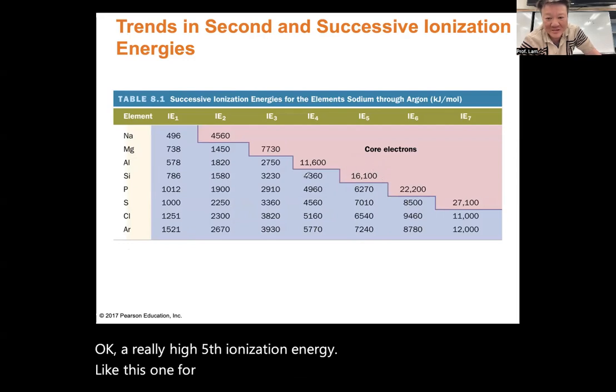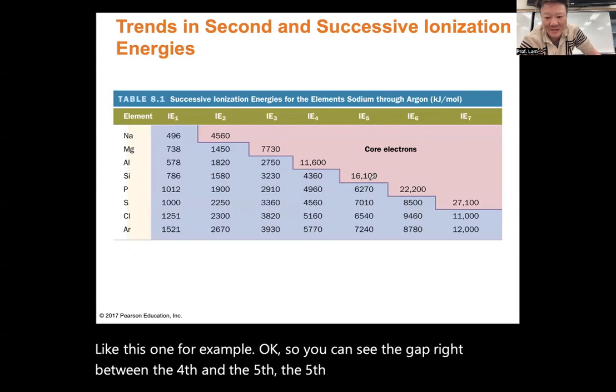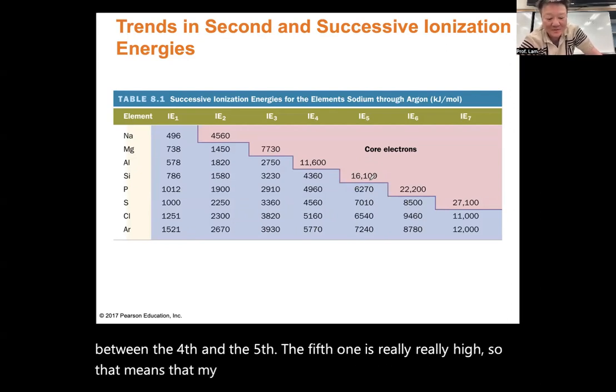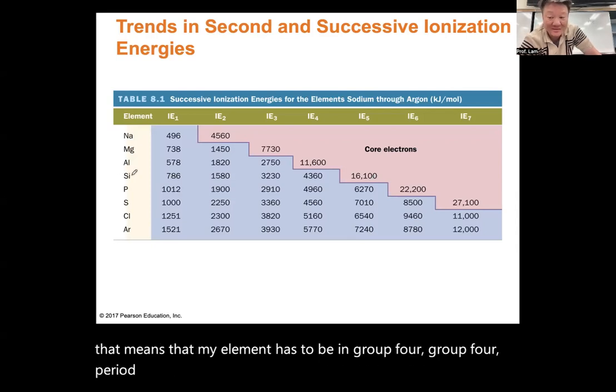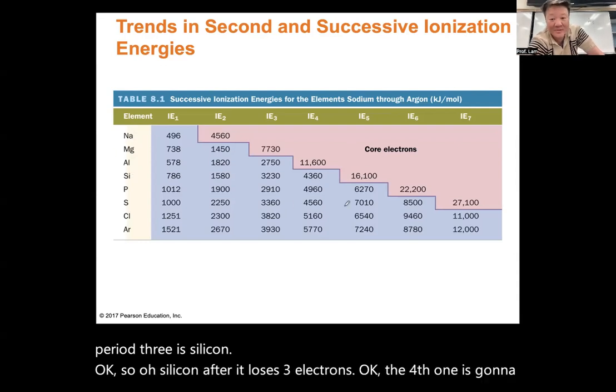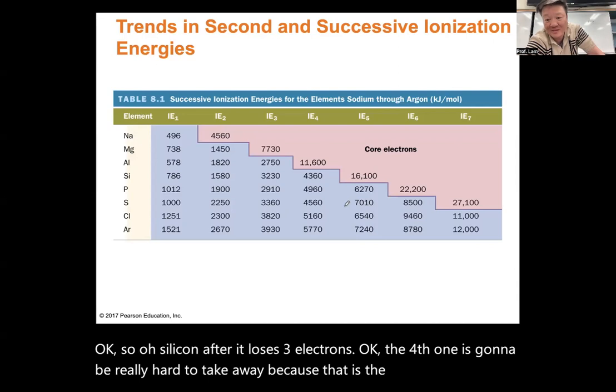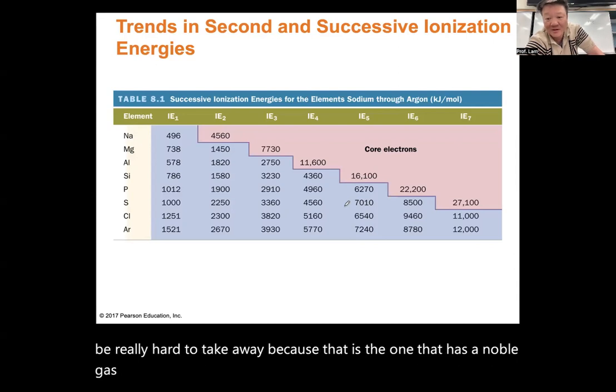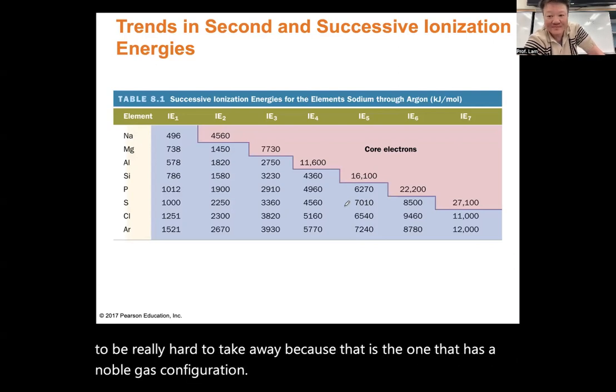You can see the gap between the fourth and the fifth. The fifth one is really, really high. So that means my element has to be in group 4. Group 4, period 3 is silicon. After silicon loses 3 electrons, the fourth one is going to be really hard to take away because that is the one with a noble gas configuration. Okay, let's try it again.